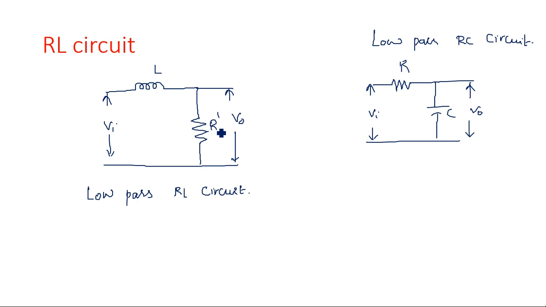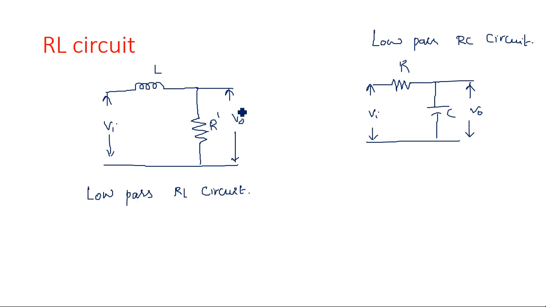I am just taking a different resistor like R dash. You can use the same R, no problem, but here just to show that difference I have taken R dash, and instead of C now we have to use L. Some may think that just by replacing the capacitor with an inductor, R followed by L, makes a low pass RL circuit.